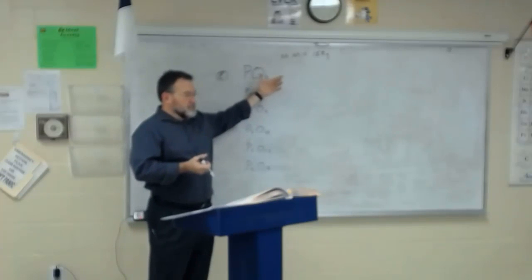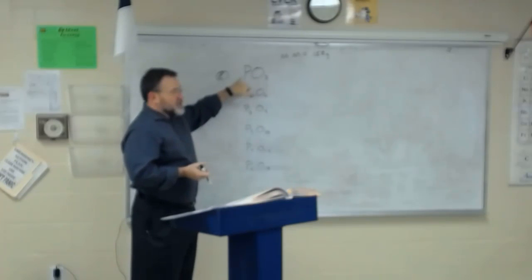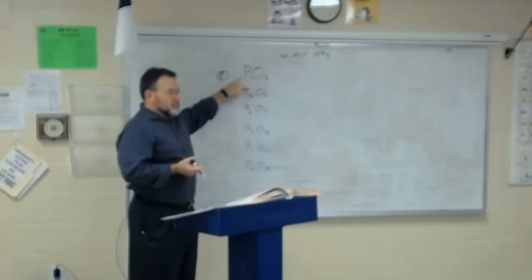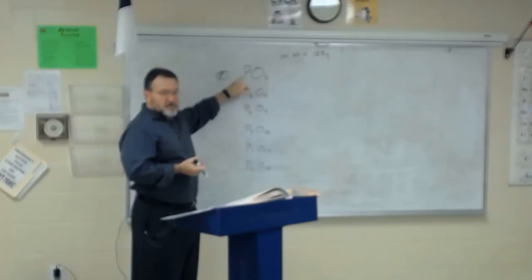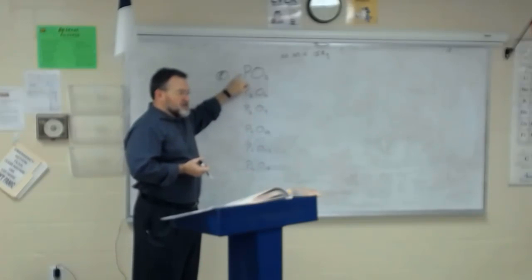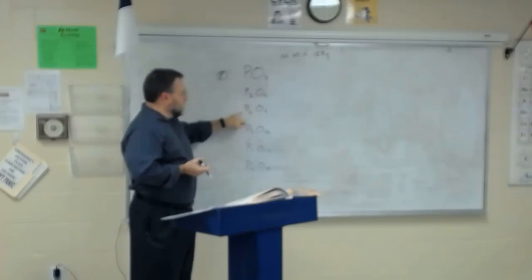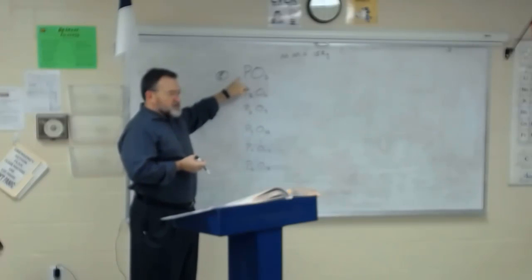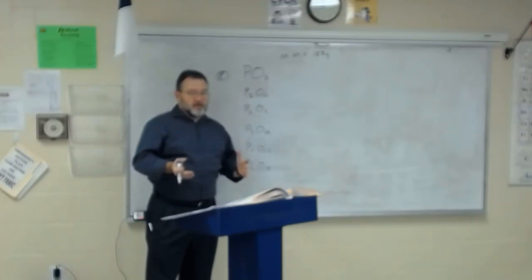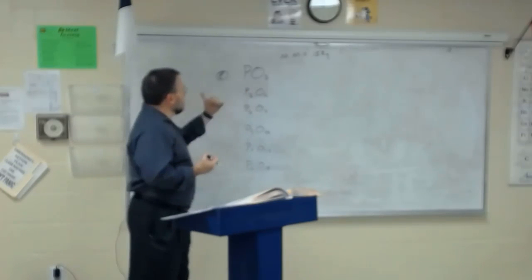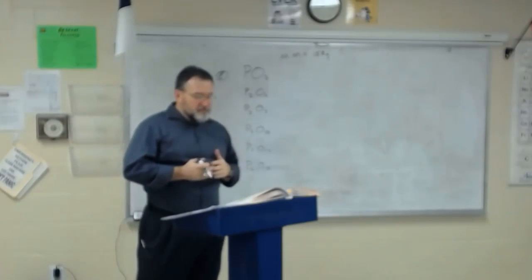See that? This is twice as big as this, twice as many components as this. Therefore, its mass is twice the mass of this. This is 3 times the mass of this. This is 4 times the mass of this. Get it? Okay. So what is the mass of PO3?